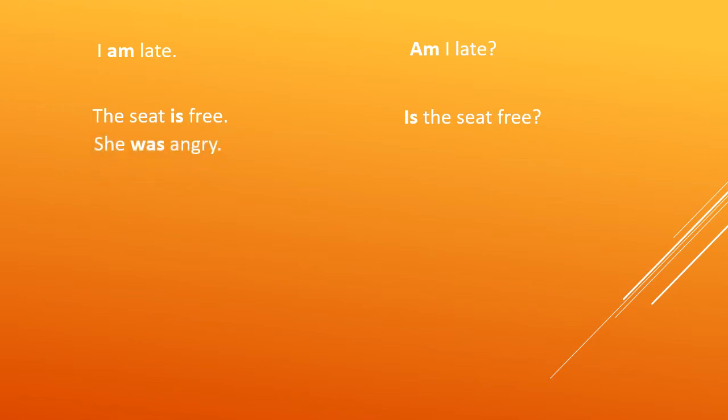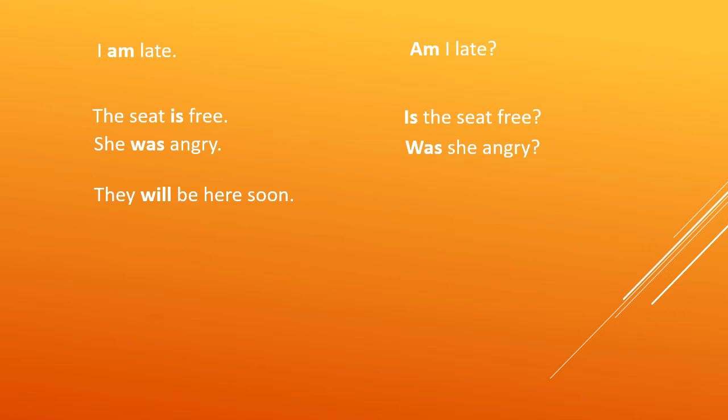The next example. She was angry. "Was" is a be verb, so we just swap its position with the subject. Was she angry? Now we have: they will be here soon.